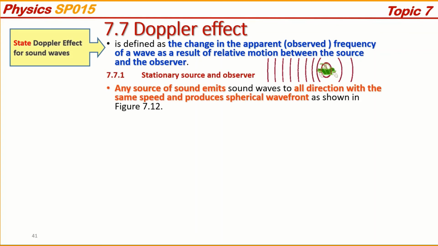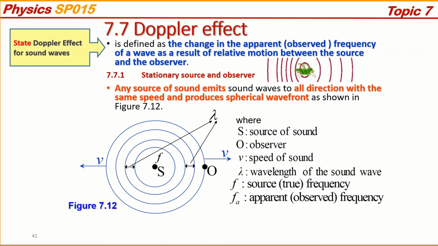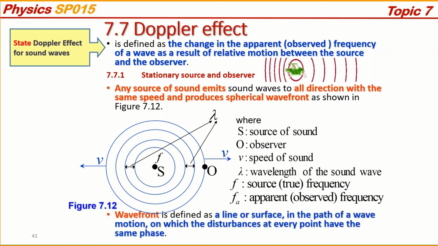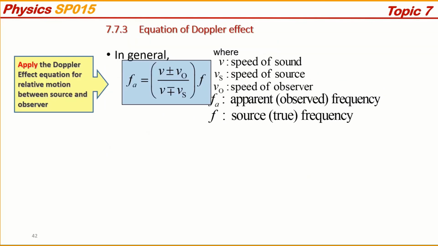Any source of sound emits sound waves in all directions with the same speed and produces spherical wavefronts as shown in the figure. Where S is the source of sound, O observer, V speed of sound, lambda wavelength of the sound wave, f source or true frequency, fa apparent or observed frequency. Wavefront is defined as a line or surface in the path of a wave motion on which the disturbance at every point has the same phase.